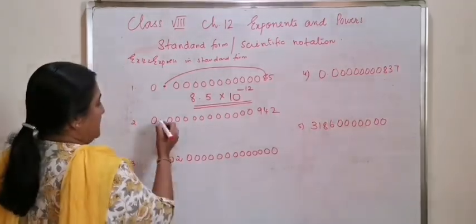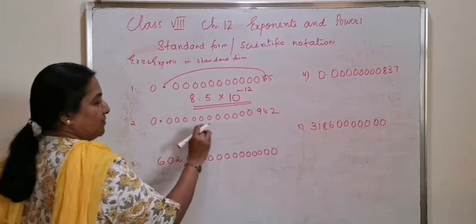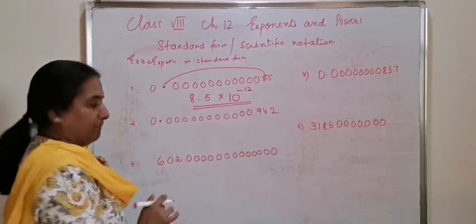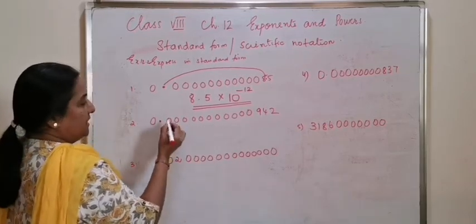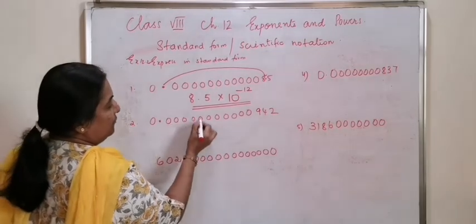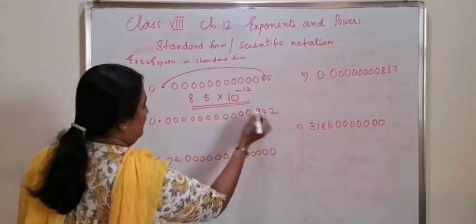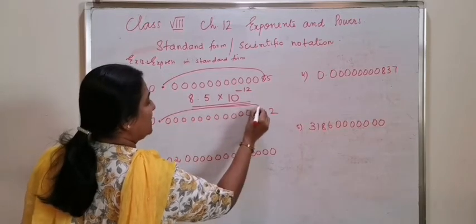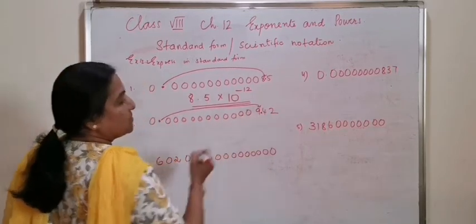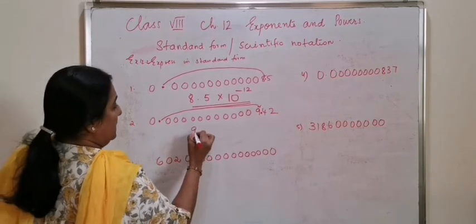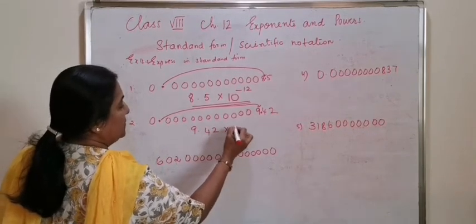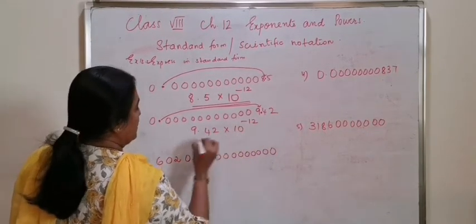Similarly, this is also a very small number. The decimal should get shifted 1, 2, 3, 4, 5, 6, 7, 8, 9, 10, 11, 12. That is, it also has to get shifted 12 places to the right. So 9.42 into 10 to the power of minus 12.